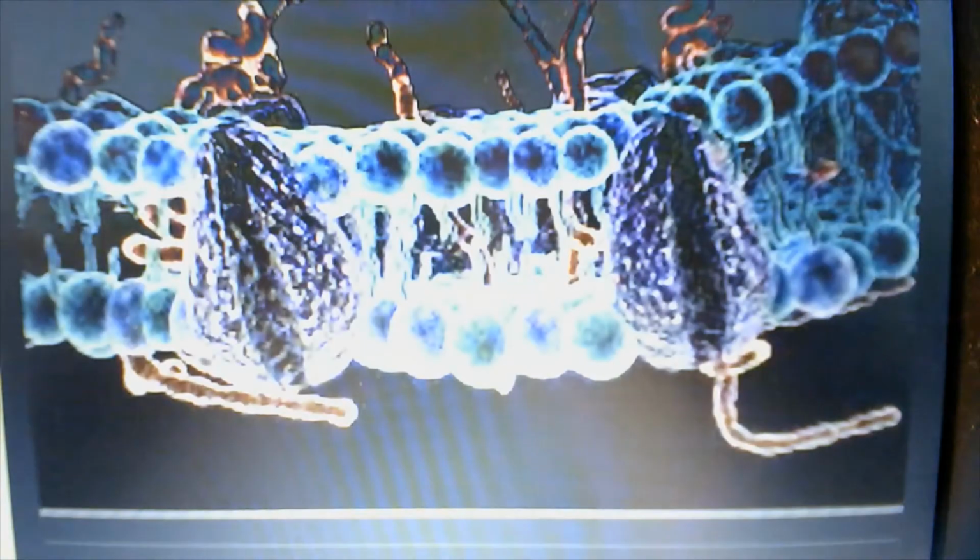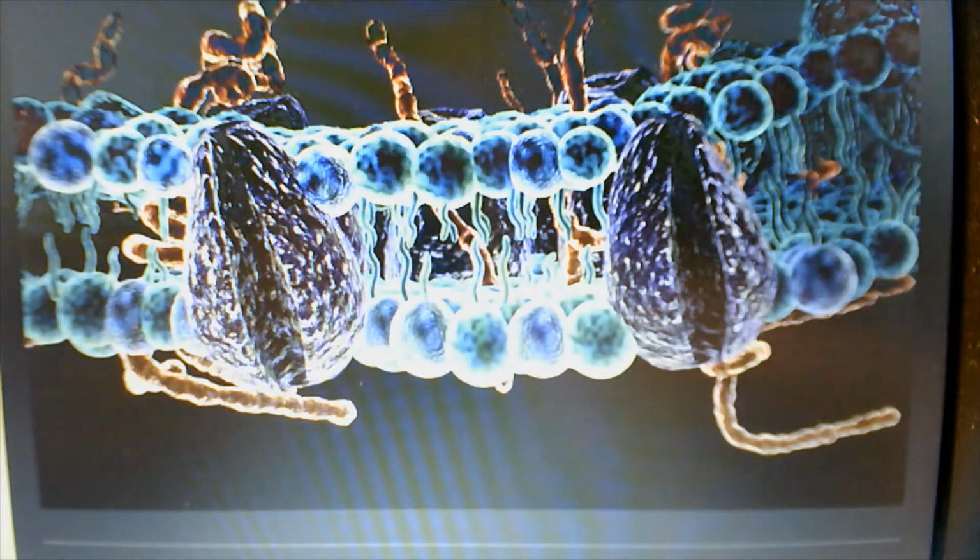So this is an actual photograph from a type of microscope. I think it's a scanning microscope. I'm not sure. But anyway, I want to show you what an artwork picture of a cell would look like.